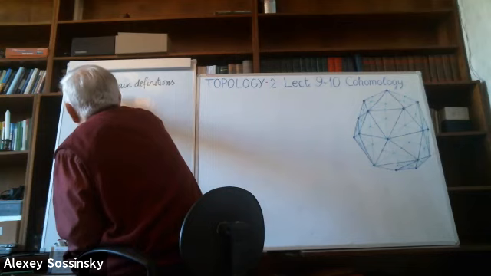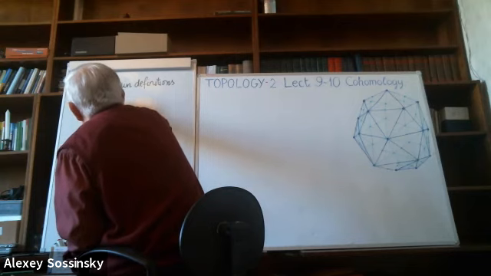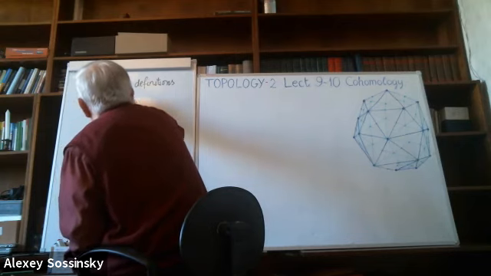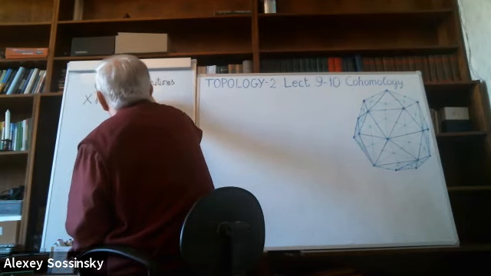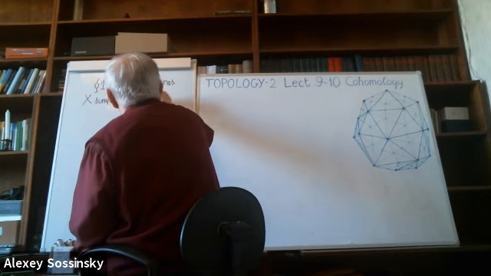Suppose X is a simplicial space. G is an abelian group.